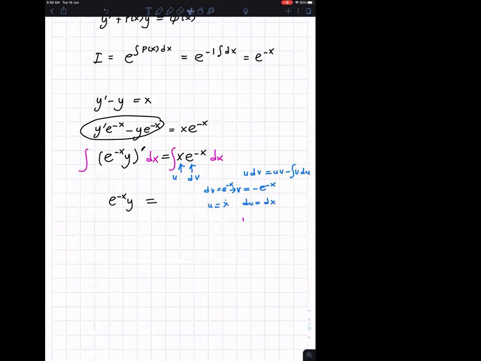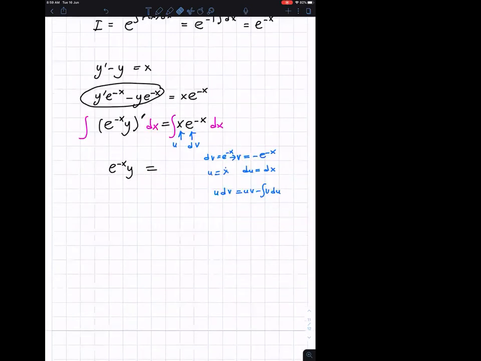Then you use this formula and plug them all in. Minus x e to the minus x minus, minus e to the minus x, equals minus x e to the minus x minus e to the minus x.